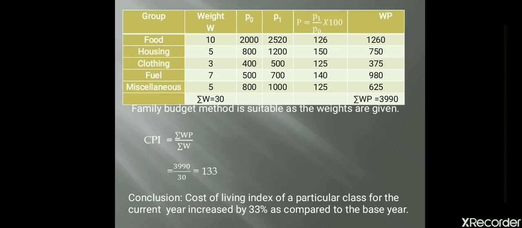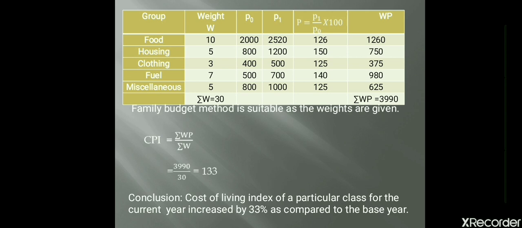Now substitute the values in the consumer price index formula by family budget method, that is summation WP divided by summation W, which is equal to 3990 divided by 30, which results in 133.